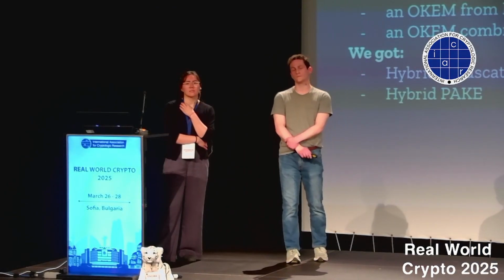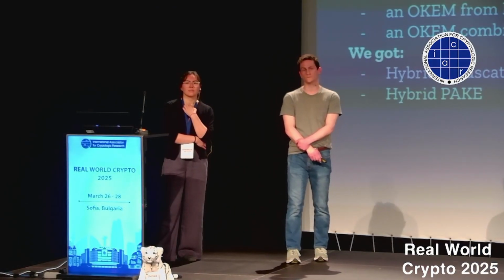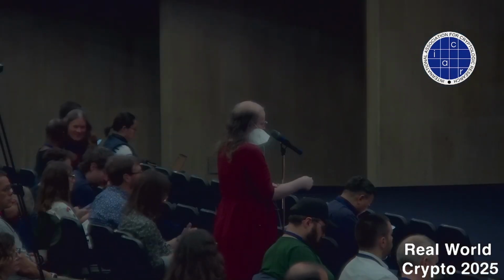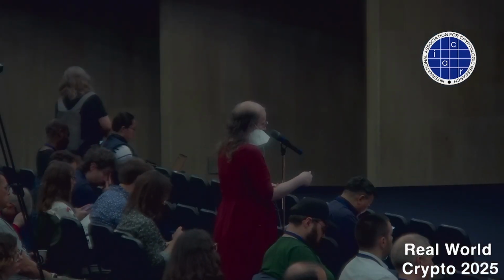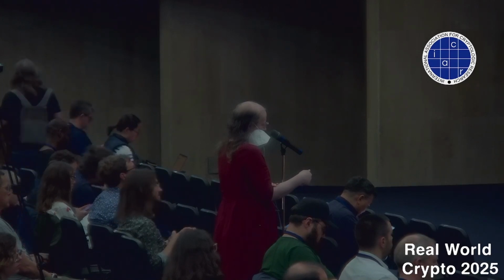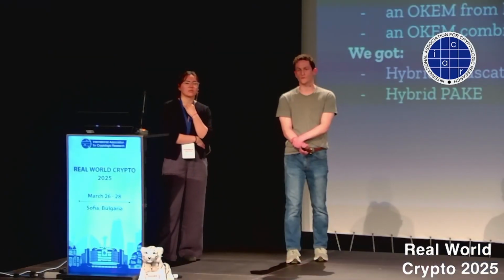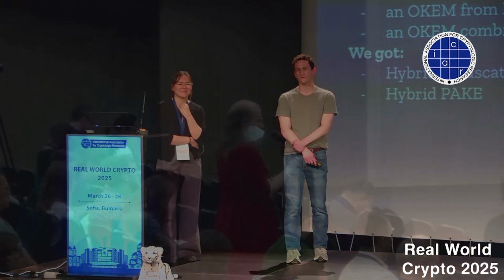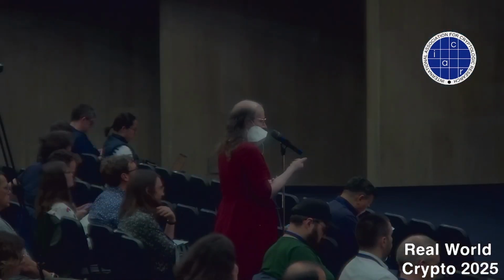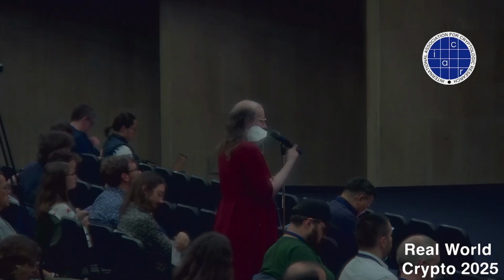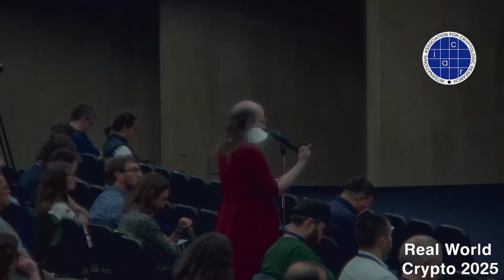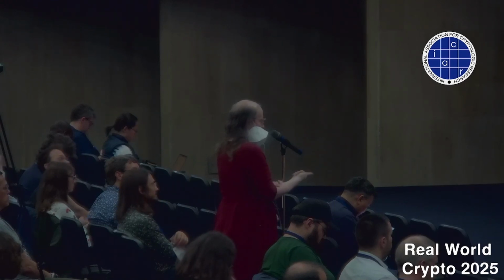I guess, yes, if the public key for the pre-quantum scheme, say, is indistinguishable. Sorry, can you repeat the? So what I'm saying is, it's clear that you can't get indistinguishability of the combined public key just by assuming some property of either scheme, right?